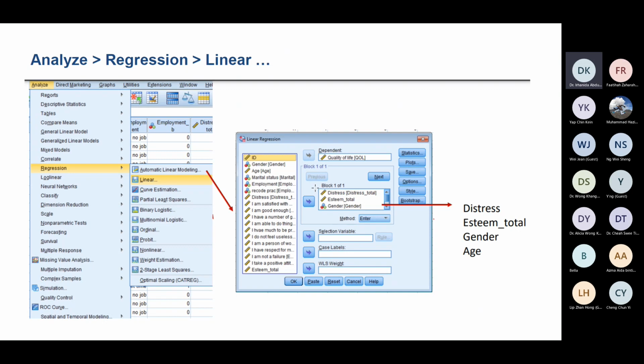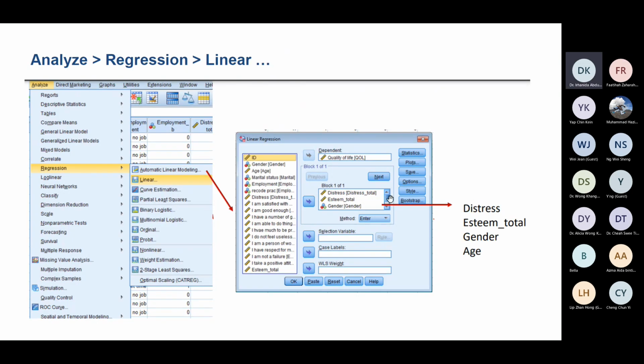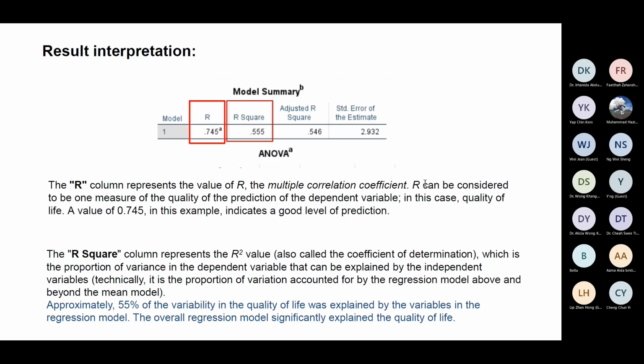And there are three main factors that influence the dependent, which are distress, esteem, and gender. So we click this under the blocks, and then under option here, you still need to click some items. Okay, later I will show you. Okay, then this is the output.